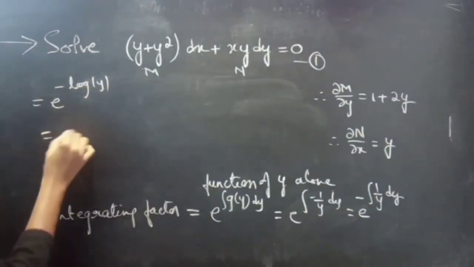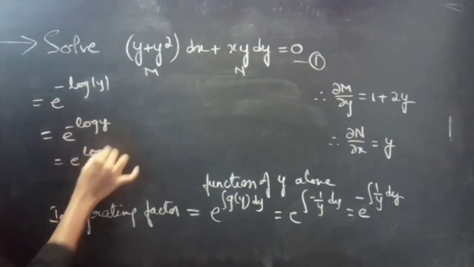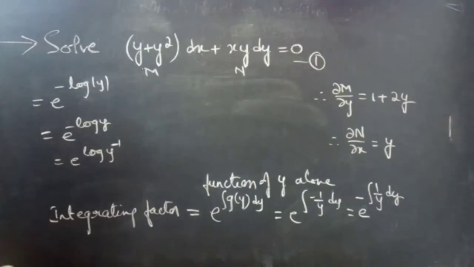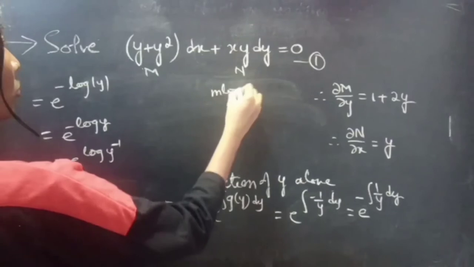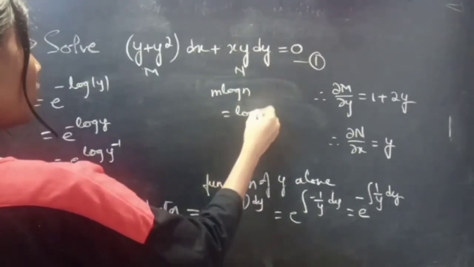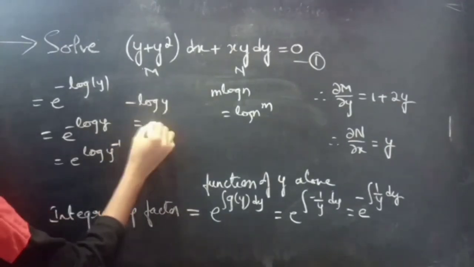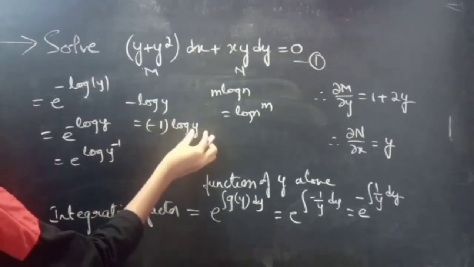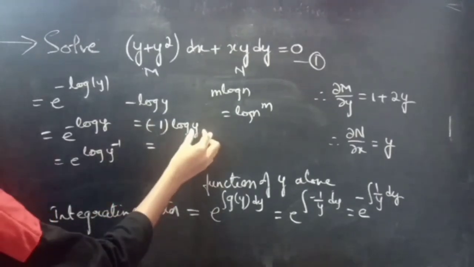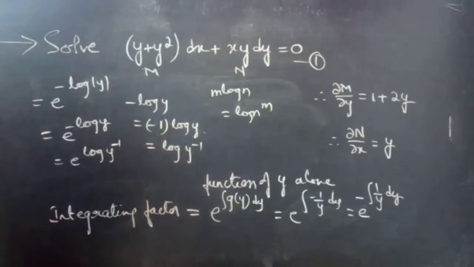You can write this as e power log y inverse. You know that m log n equals log n power m. If you write minus log y as minus 1 into log y, which is in m log n form, you can write this as log y power minus 1.